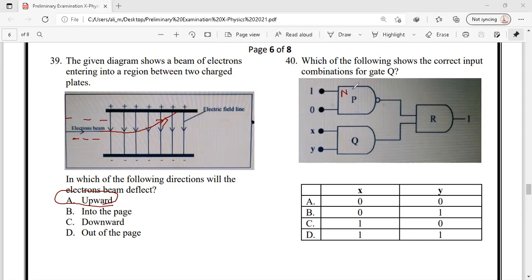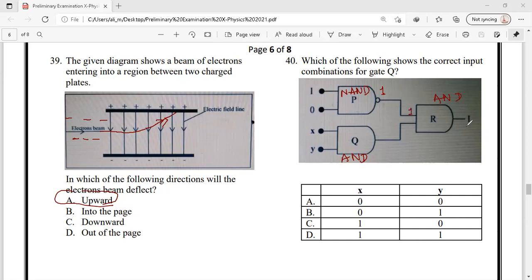This is our NAND gate, and this is our AND gate, and this is also an AND gate. For 1 and 0, the AND operation gives 0, and the NAND gate gives 1. So the output of this NAND gate goes to the input of this AND, so this input is 1.